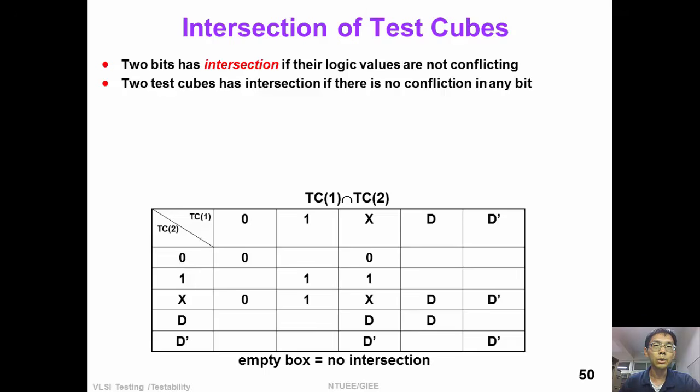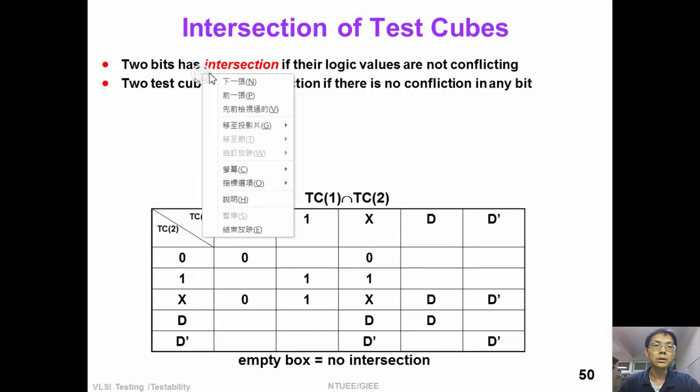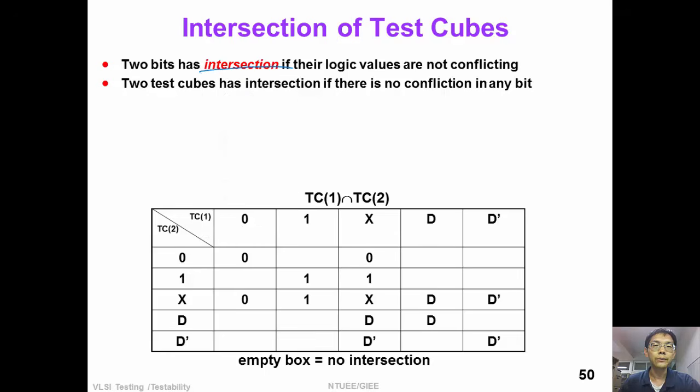When we have more than one cube, we can try to intersect these two cubes. 2 bits have intersection if their logic values are not conflicting. 2 test cubes have intersection if there is no conflict in any bit.